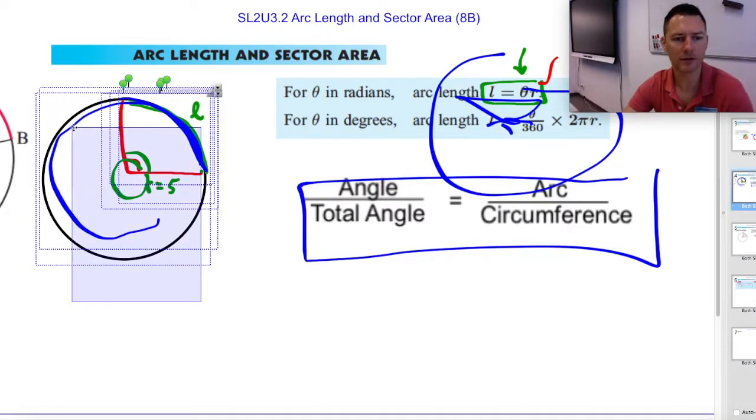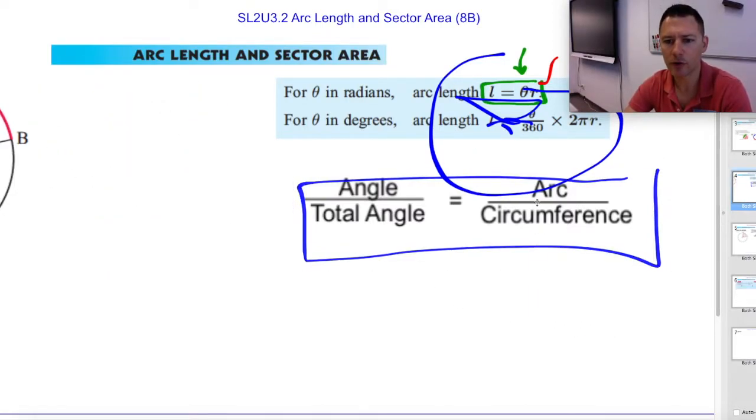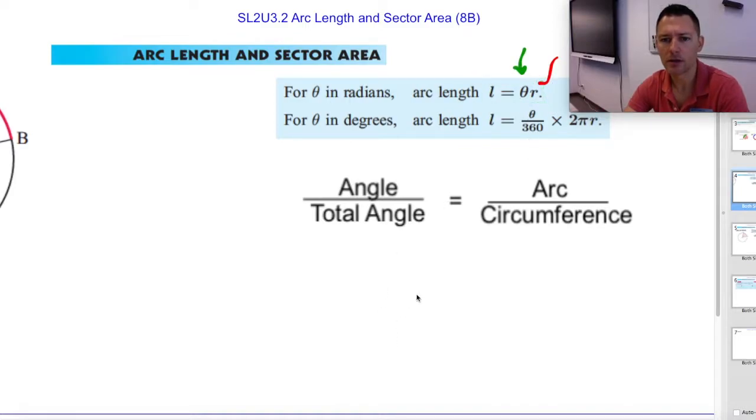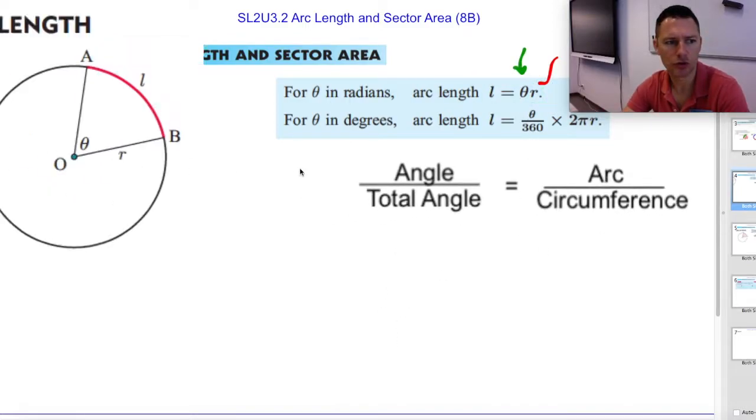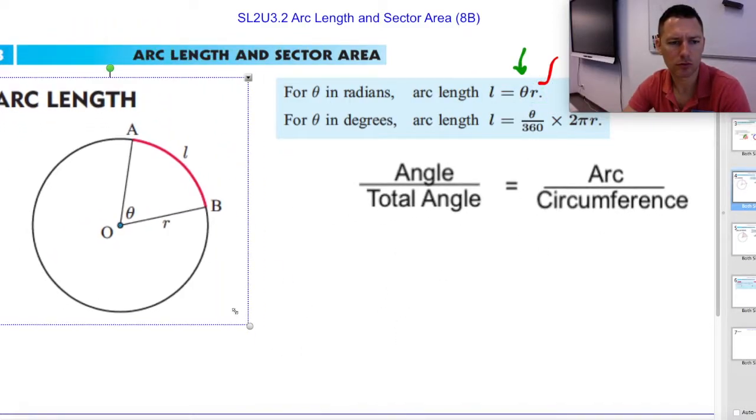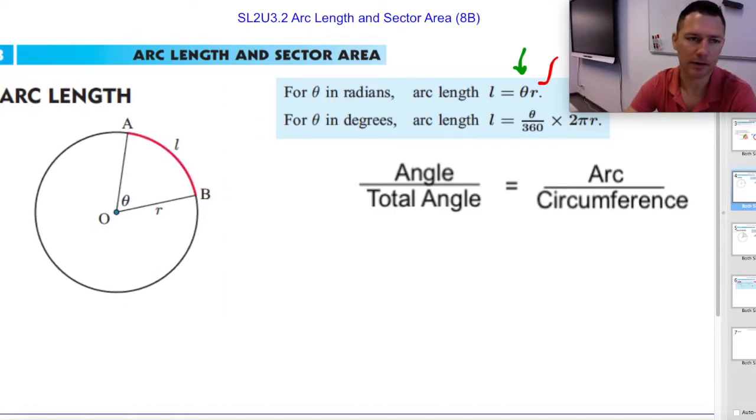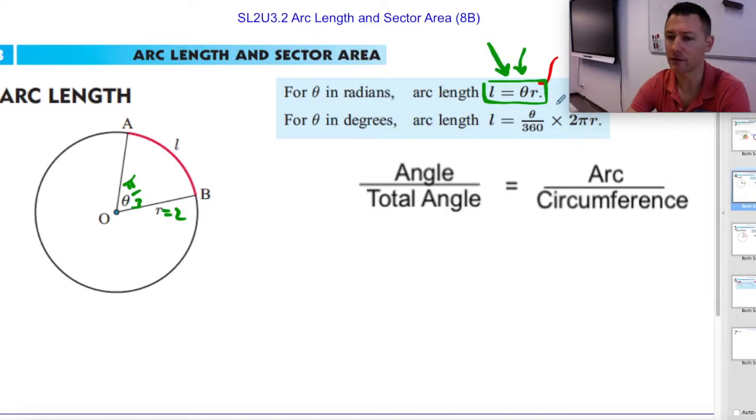So let's try one in radians. Let's call this pi thirds just for fun, and let's call this 2. I want to do it this way. I know it's longer, but in 3 months you're going to forget this stupid formula, but you won't forget this understanding that the ratios are the same.